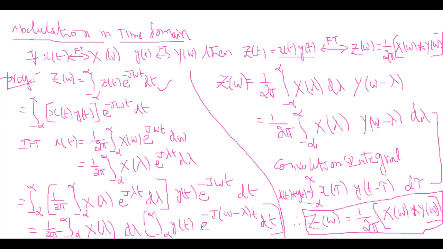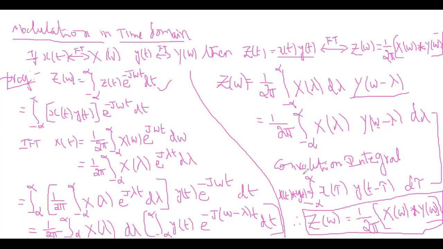Now, according to the frequency shift property, the integral from minus infinity to infinity of y of t e power minus j omega minus lambda into t dt can be written as y of omega minus lambda. So 1 by 2 pi integral from minus infinity to infinity of x of lambda y of omega minus lambda d lambda.